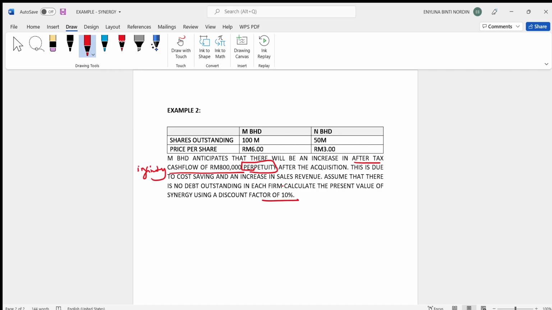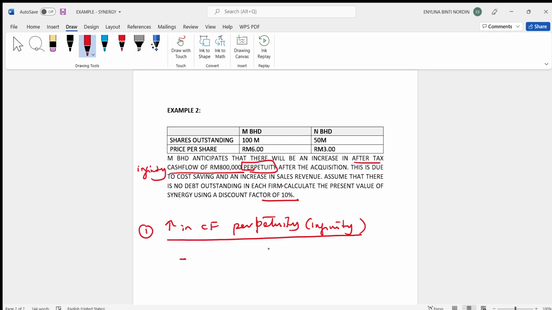So in this situation, where the increase in cash flow is a perpetuity, that means infinity, we do not know how long, so we can use this formula to calculate the synergy: the change in cash flow after tax, divided by R only.